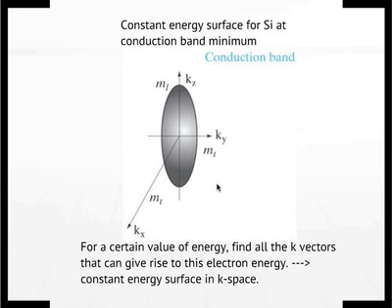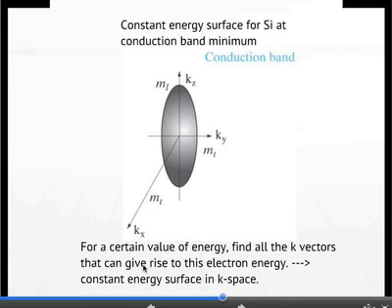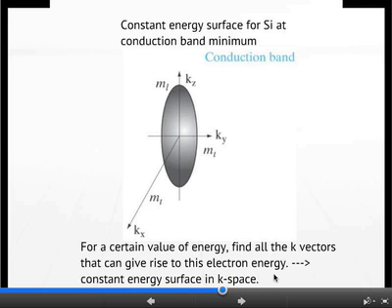So in order to visualize the effective mass, there's another way to look at it. It's based on what's called the constant energy surface. Okay, and this is drawn here for silicon at the conduction band minimum. So remember, at the bottom of the conduction band in the band diagram. The way you draw this is basically for a given value of energy, you find all the k vectors that can give rise to this electron energy.